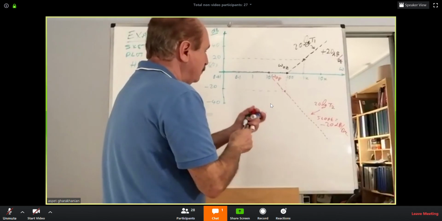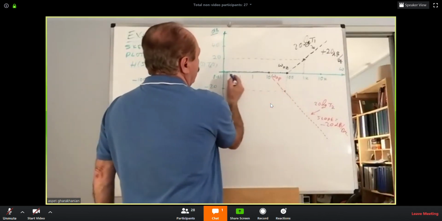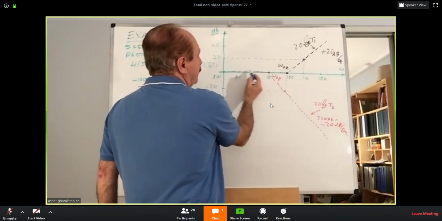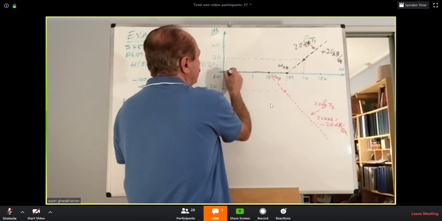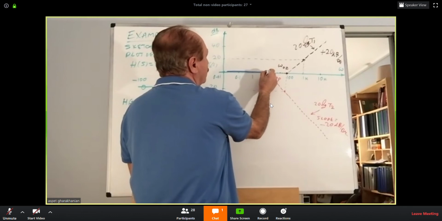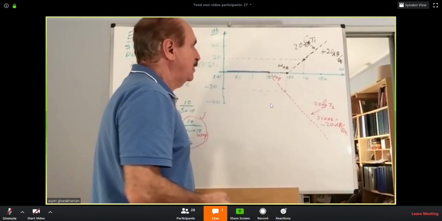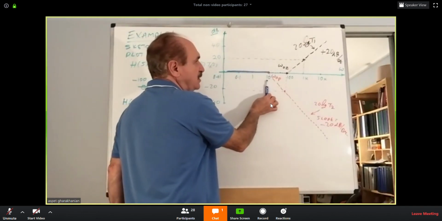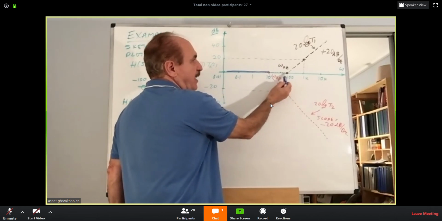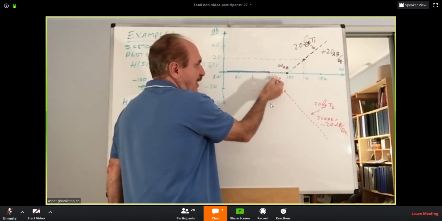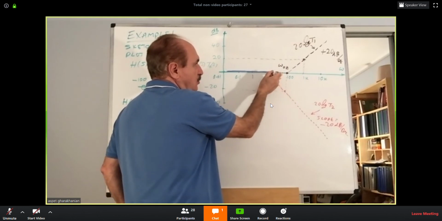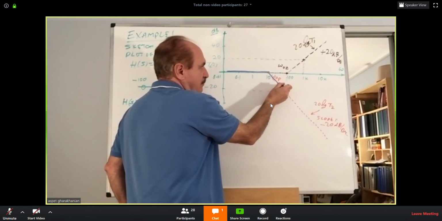So addition. It's 0 from here all the way. Both functions have a 0 value. So the full function will be 0 all the way to here. In the interval 10 to 100, the brown one, the top one, is still 0. The lower one is going down with that function. So the resultant will be equal to this.